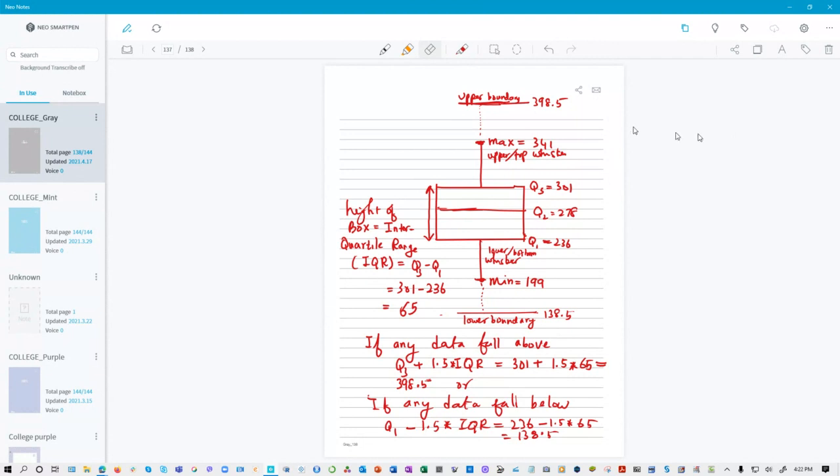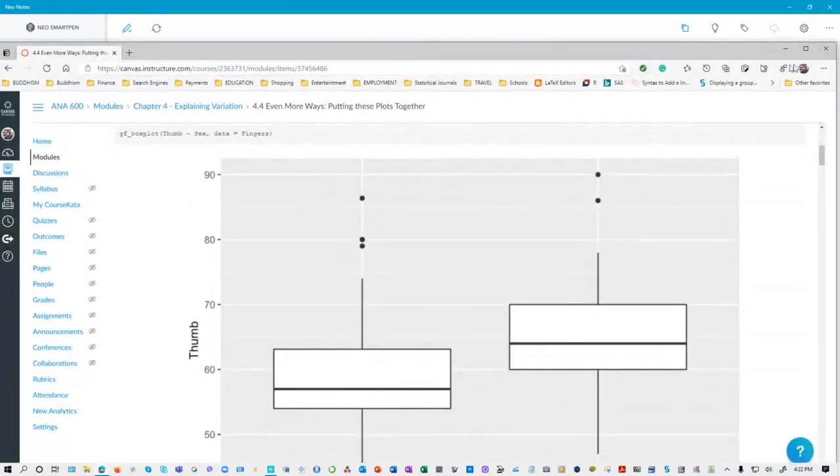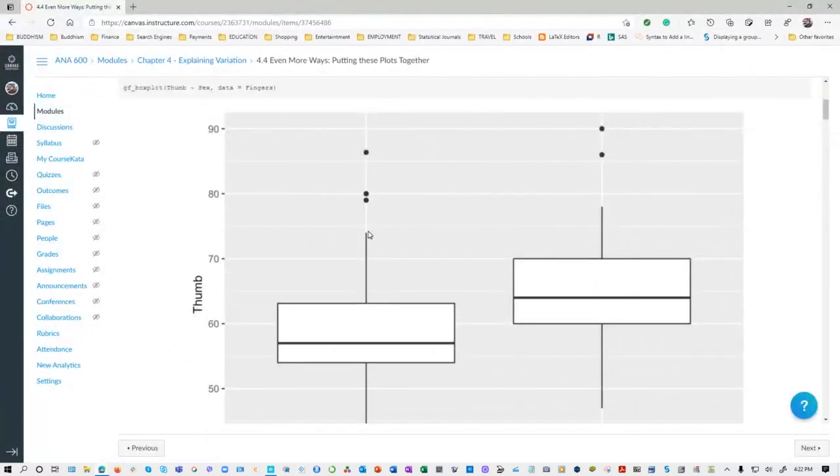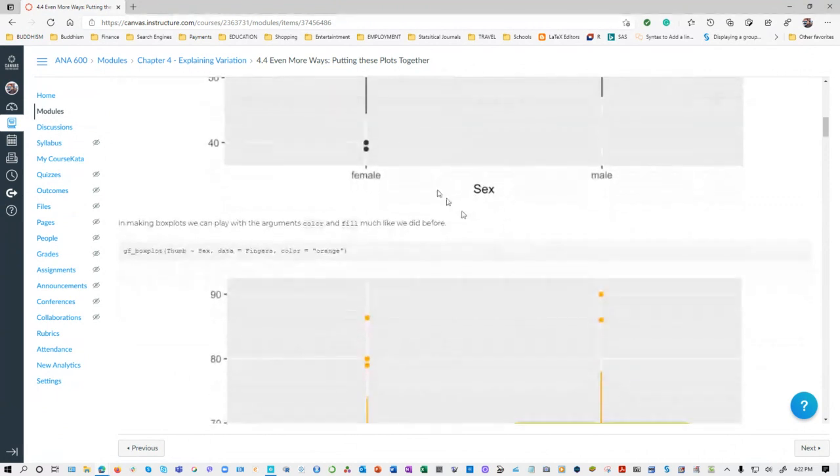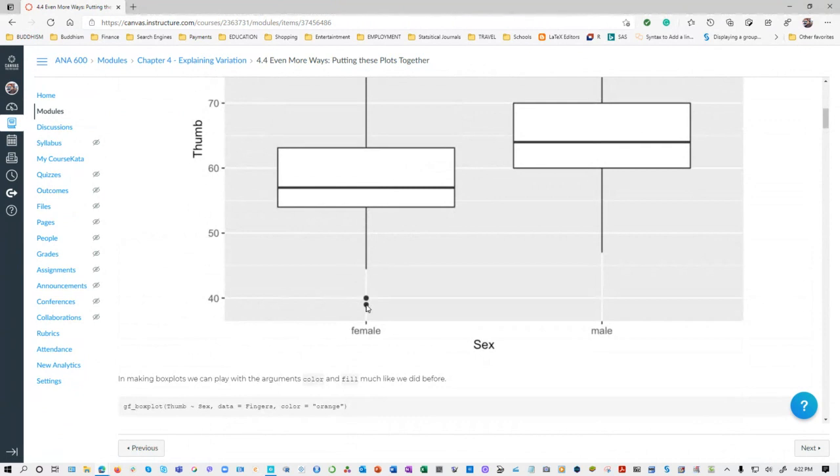But there are some situations where you're going to have a graph like this. They stop here, but the whisker still keeps going. This is the whisker, and it stops here for a certain reason. That means your whisker is from here to here.